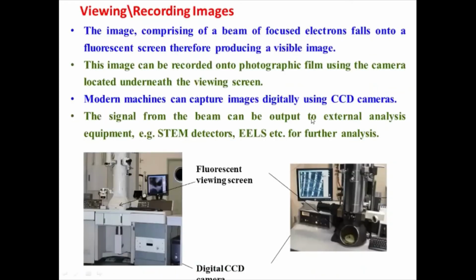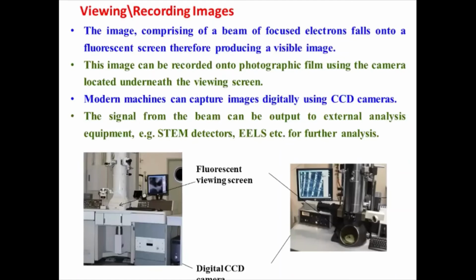So mostly the electronic cameras like CCD cameras are equipped with the TEM, but to see the image with the eye, for the operator, a cathodoluminescence phosphor screen is also attached.